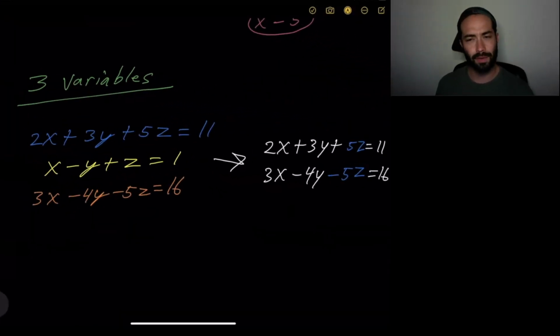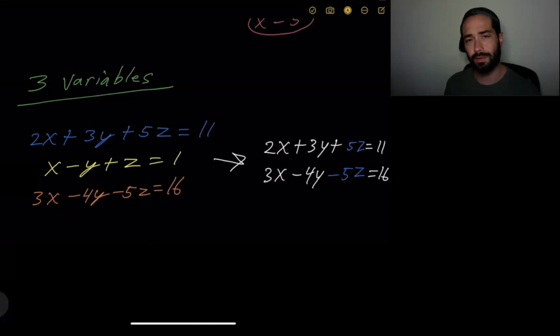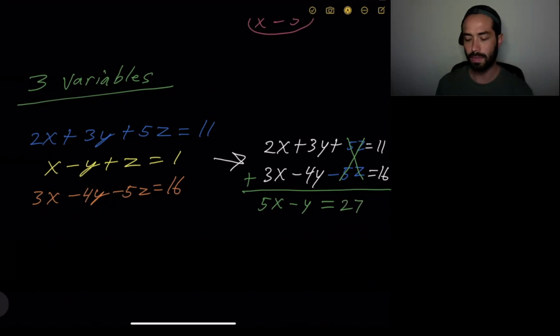Okay, so we're in business. Now you have to ask yourself, do I add these equations together or do I subtract them? Well, because one 5z is positive and one 5z is negative, all I have to do is add the two equations together and they will cancel out. Okay, so what I want you to notice right now is that we have a new equation that has an x and a y.